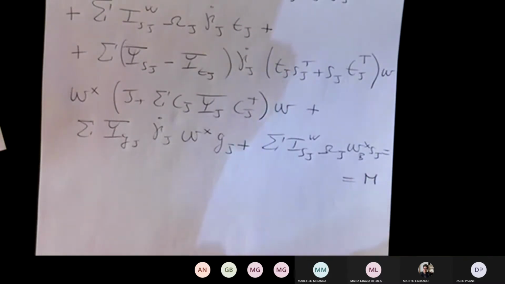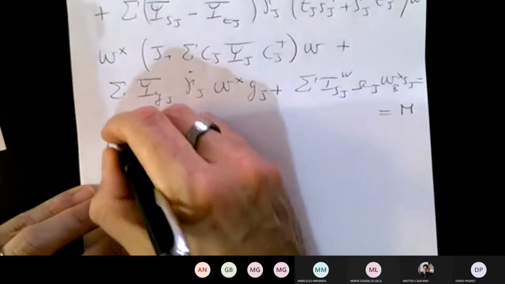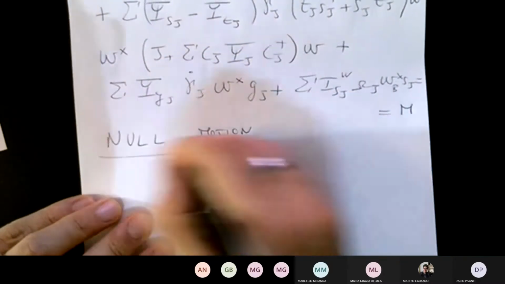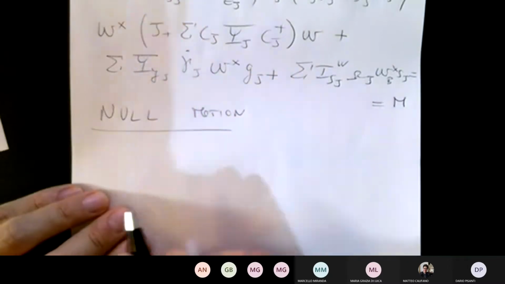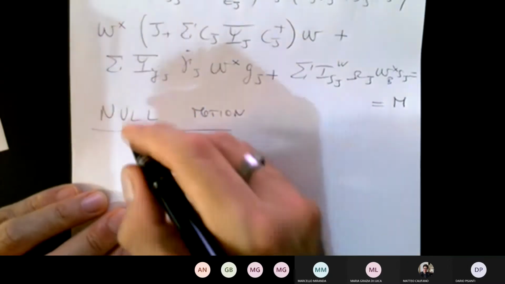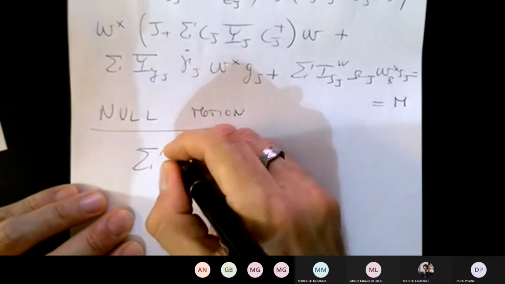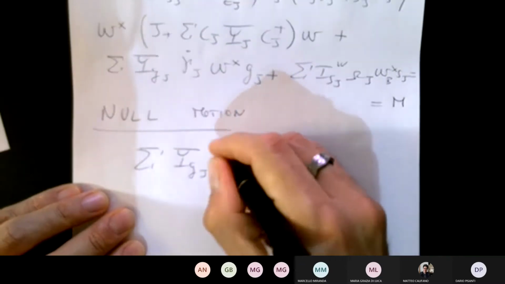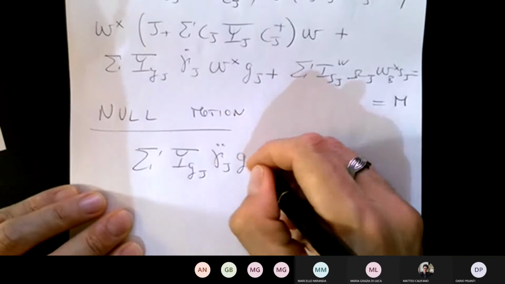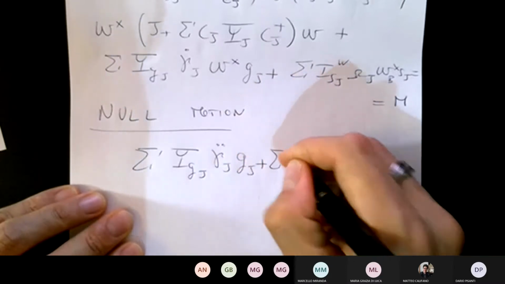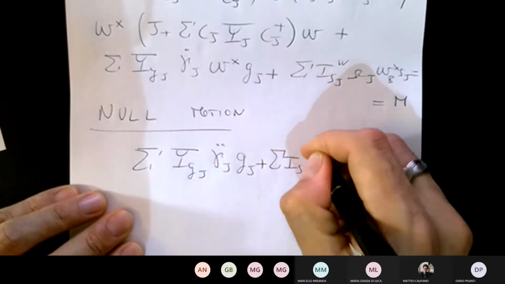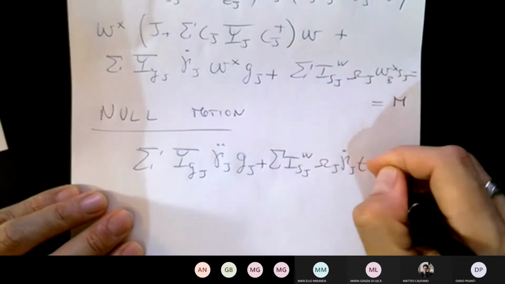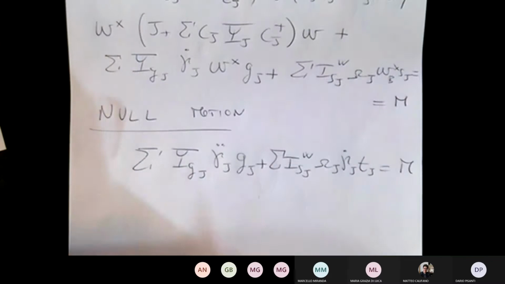Now, again, null motion, just to highlight what you get from the CMGs, really. If you put omega, the omega of the spacecraft, to 0, you're left with summation of I_gj gamma_j double dot g_j plus summation of I_sj omega_j gamma_j dot t_j equals external moments.